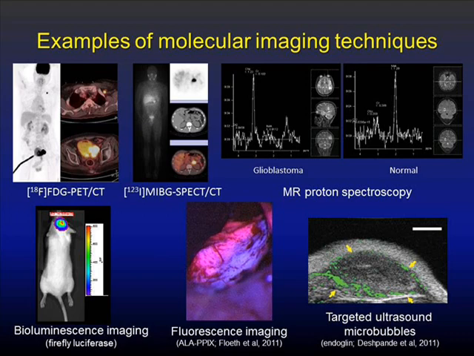In this case with SPECT-CT, we're using a drug called MIBG that's labeled with radioactivity, that's looking at the uptake of hormones and neurotransmitters like norepinephrine. So this person has a pheochromocytoma, which you can see here.